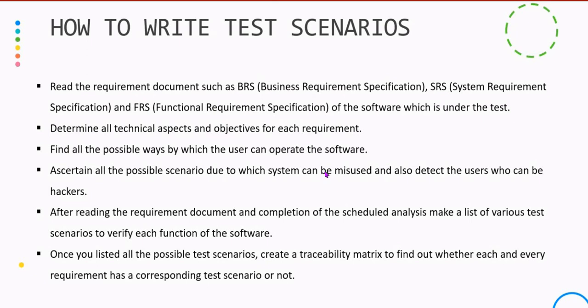And thirdly, we will find the best possible way in which the software can operate. We write scenarios because we don't want to miss out any specific functionality. Everything can't be remembered each time and be tested, so documenting is the best way to do it.